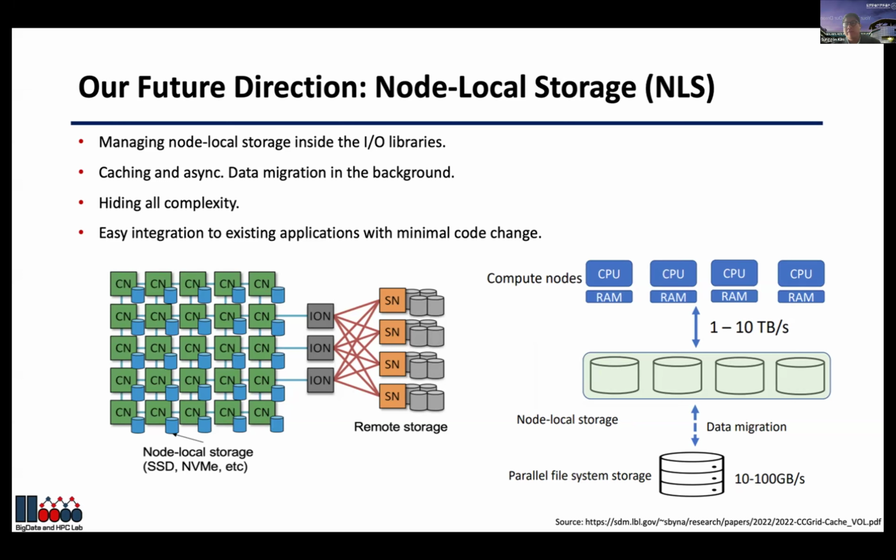So the NLS, you've already been using it, is just the high performance data storage that is directly located in the compute node. When we analyzed the global system data, only 0 point something percent of users actually utilize this node local storage. Despite that, this is the most expensive and most powerful hardware that you have for data storage.